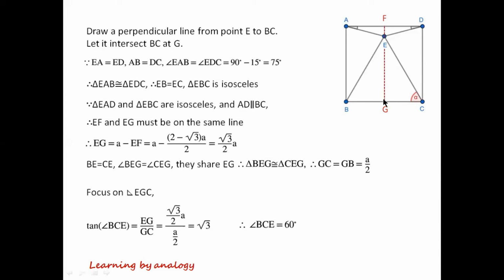Tan of angle BCE equals EG over GC equals root 3 over 2 A over A over 2 equals root 3. So angle BCE equals 60 degrees.